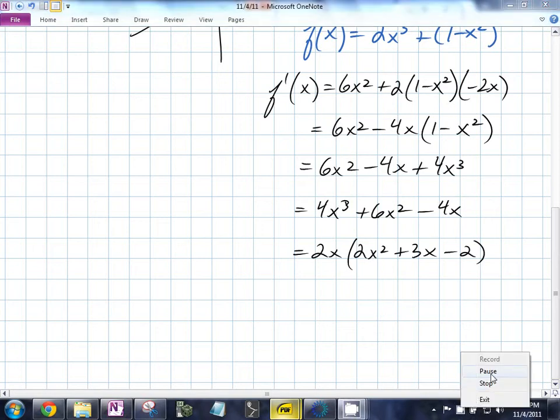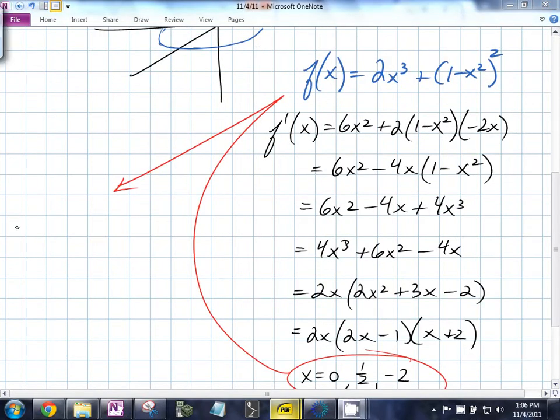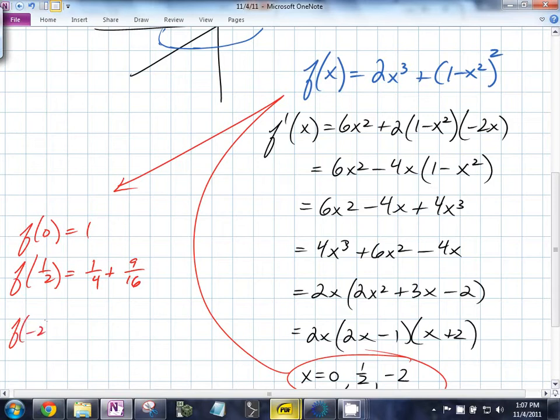We don't need to record all this algebra. We already know 0. What's f of 0? 1. F of 0 is 1. F of 1/2 is going to be 1/4 plus 1/2, 3/4, 9 over 16. Is that correct? Yep. And then f of negative 2 is going to be negative 16 plus 25, right?